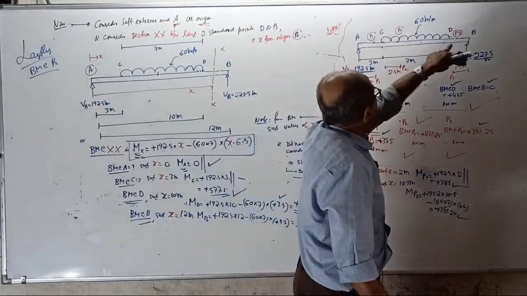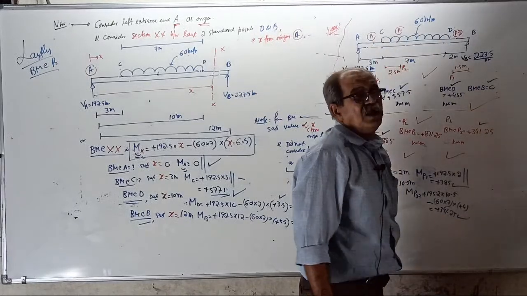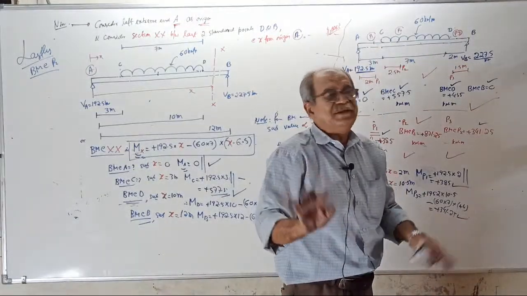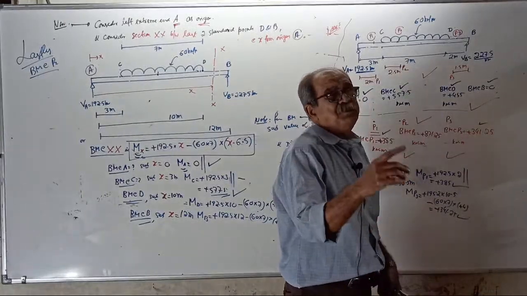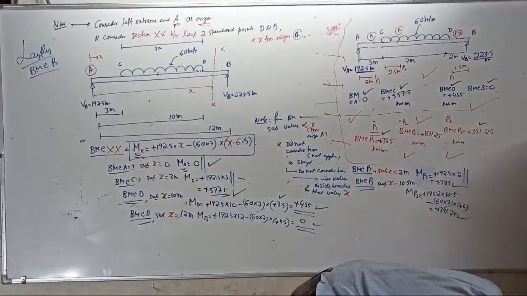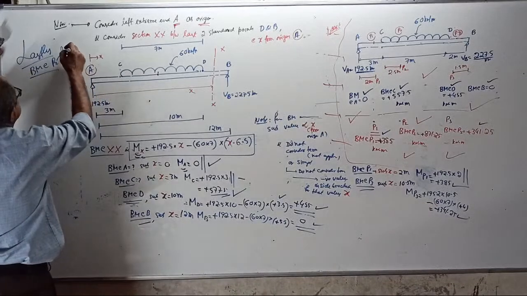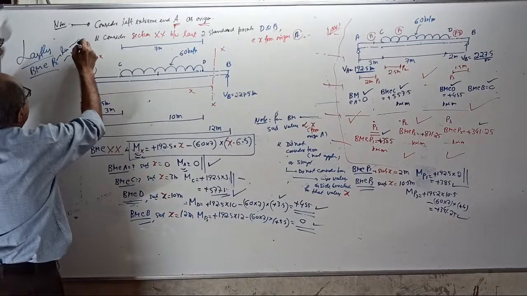A tallied, B tallied, C tallied, D tallied, P1 tallied, P3 tallied. No problem, everywhere tallied. P2 lies somewhere within the UDL.